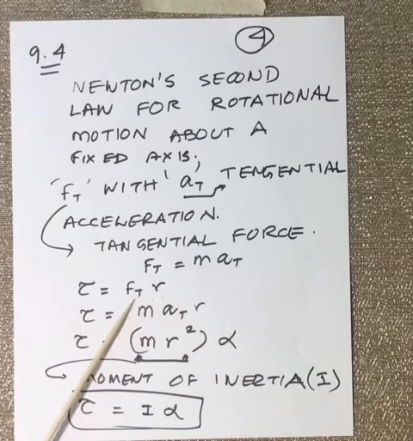Finally, tau equals Ft times r, or tau equals m at r. And finally, the equation becomes tau equals m r square in parentheses times alpha. So we consider here alpha as the angular acceleration. So we have finally a new term here, the moment of inertia, which is tau equals I times alpha.